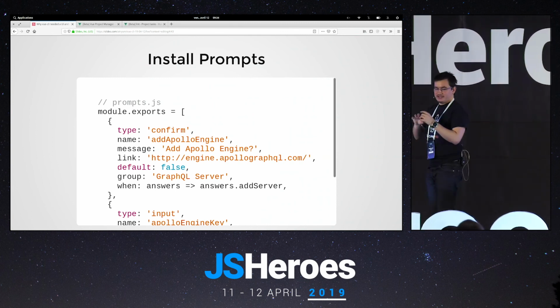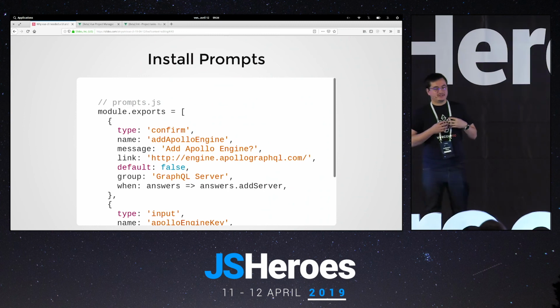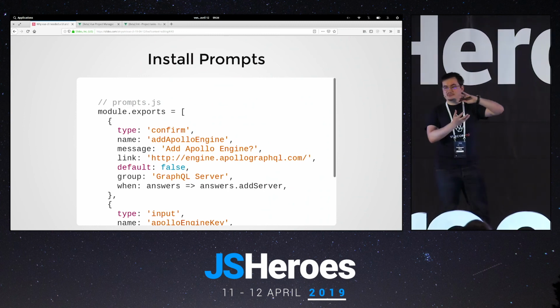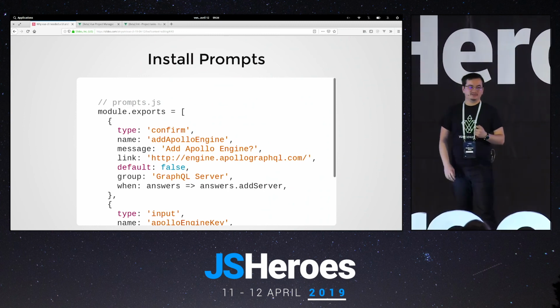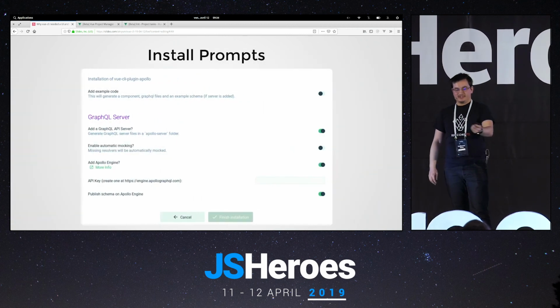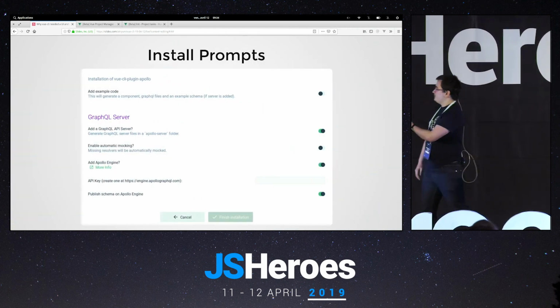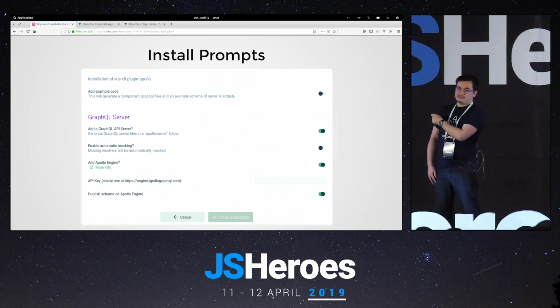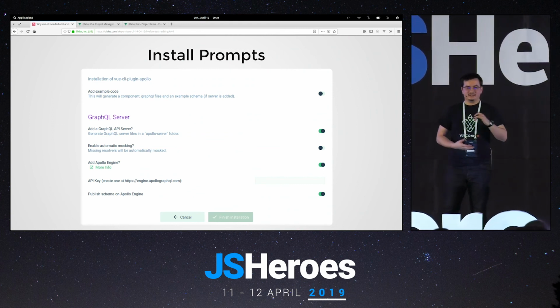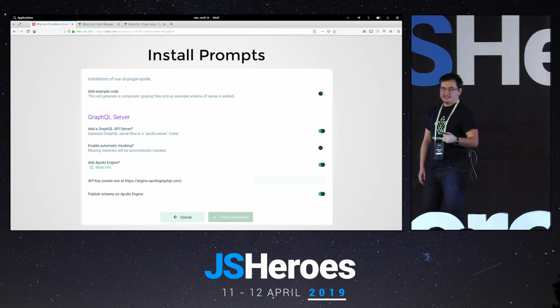For example, you can add a link to a documentation page, or you can group the prompts together in the user interface, which is going to look like this. This is from the Apollo GraphQL plugin. So it's enhanced for the user interface.